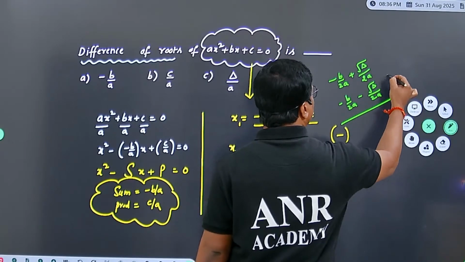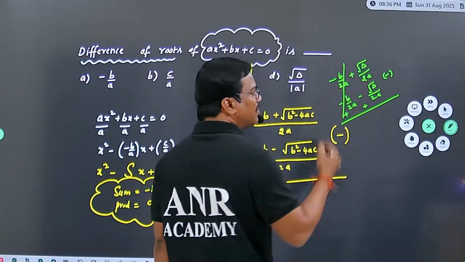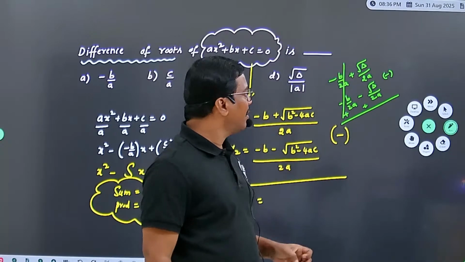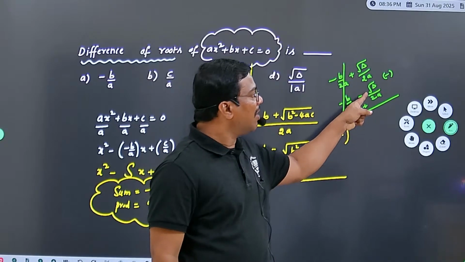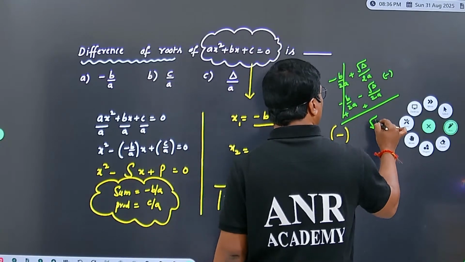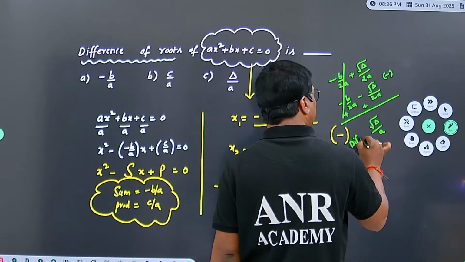On subtraction, you have to change the symbol. These two terms get cancelled. Half of root delta by a plus half of root delta by a becomes root delta divided by a. That is the difference of roots.